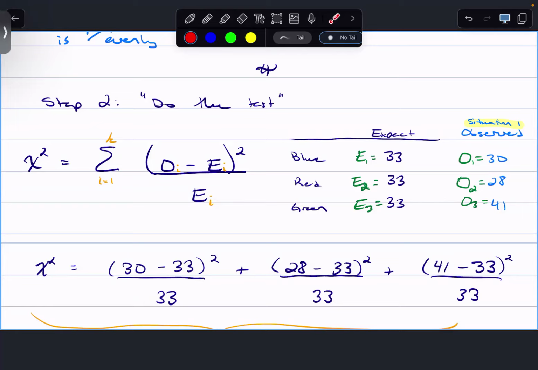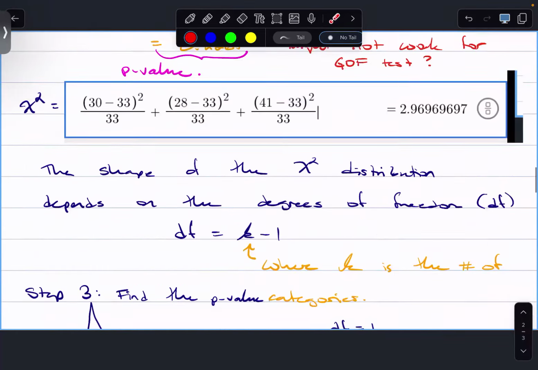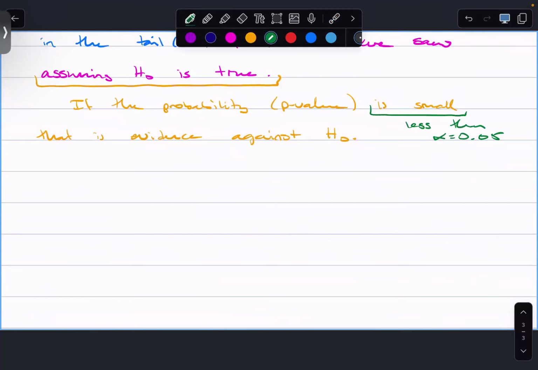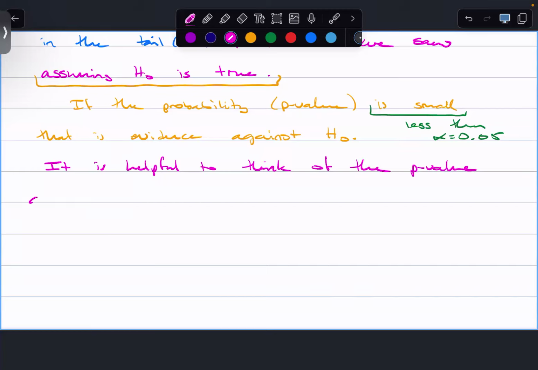So I'll write that down, but just be aware that it is helpful to think of the p-value as the probability that H naught is true.